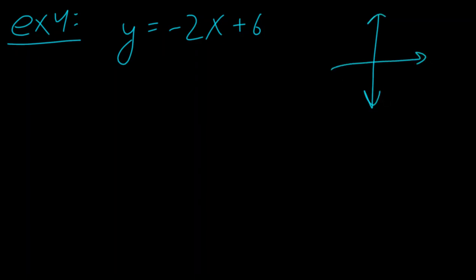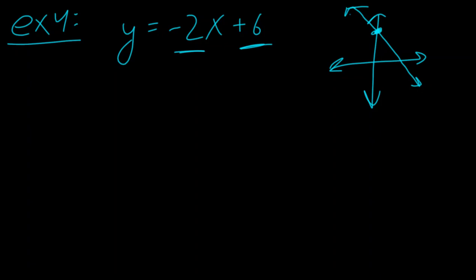So let's talk about our rough draft graph. I noticed that my y-intercept is positive, so it's going to be above the x-axis. And I noticed that my slope is negative, so from left to right, is it increasing or decreasing? And of course it should be decreasing. So there's my rough draft graph.